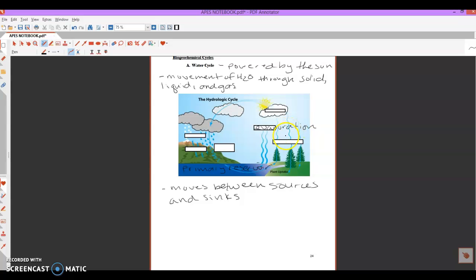Okay. Now, when water vapor, in this form right here, cools off, it becomes a liquid again. But when we're talking about the water cycle, it actually will become clouds. So we call this condensation. So clouds are formed by condensation. Now trees play a really important role in the water cycle. You ever notice when you go out in the morning and the grass is wet?